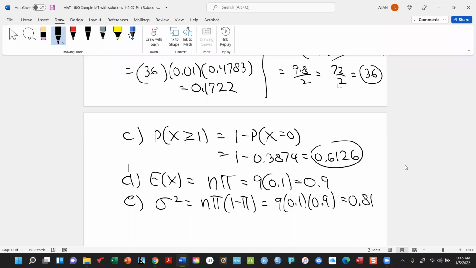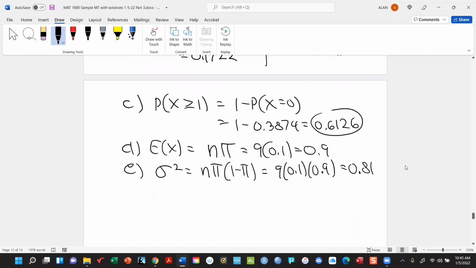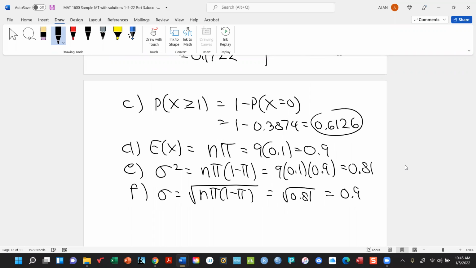And now the standard deviation is very simply the square root of the variance, and then we end up, interestingly enough, right back at 0.9, just by coincidence.